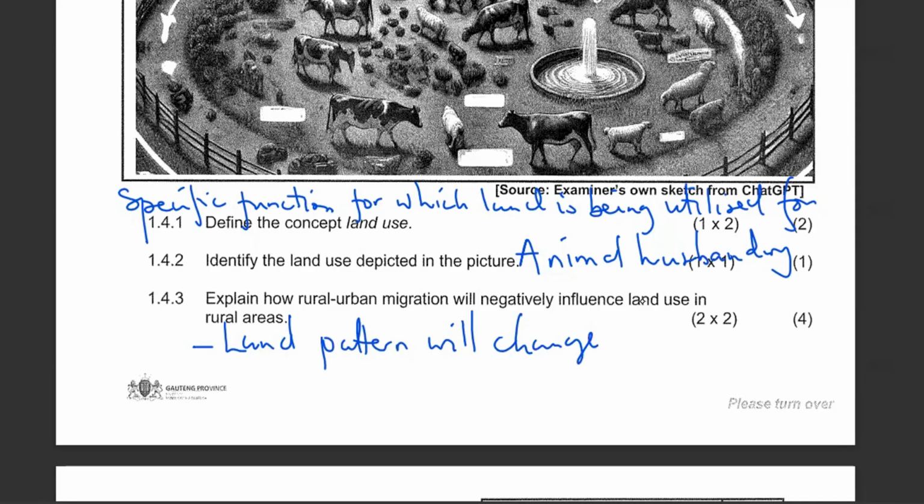Why? Because there are no longer people to offer the labor required to support the farming activities. So it is going to impact through change of land use pattern, because of the productive people who would have left the rural areas.